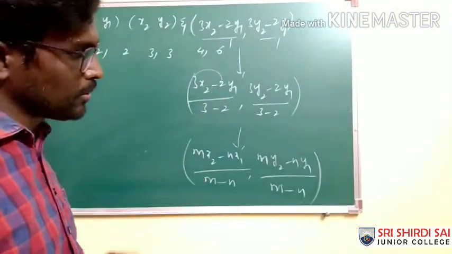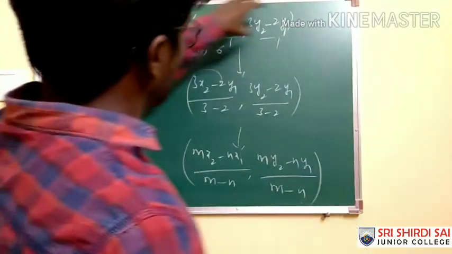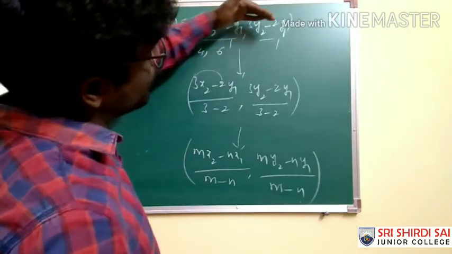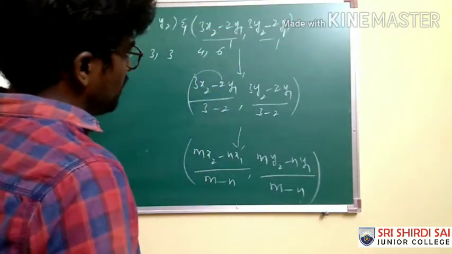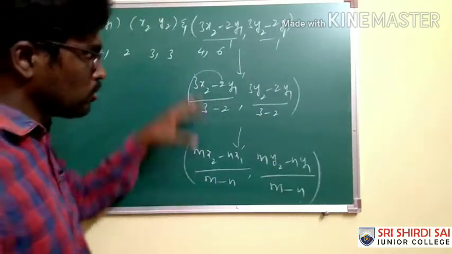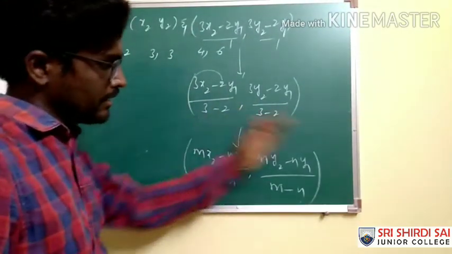See how logical the problem is. I repeat, the third coordinate can be written something like this, because the 3x2 minus 2y1 by 1, 3y2 minus 2y1 by 1. That 1 we are writing as 3 minus 2 and 3 minus 2. Now this coordinate looks like in this manner. Means it is section formula.